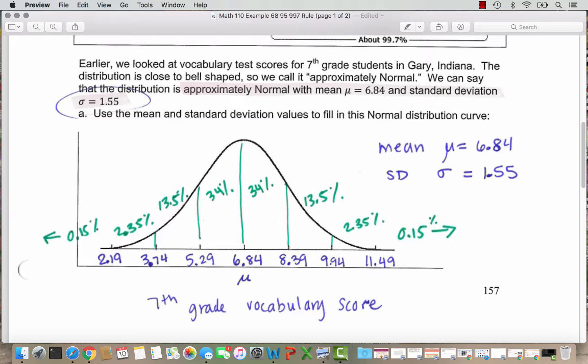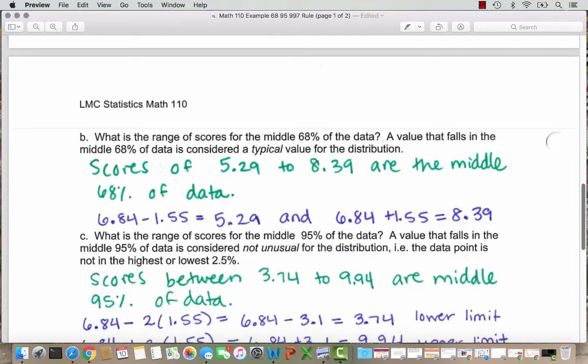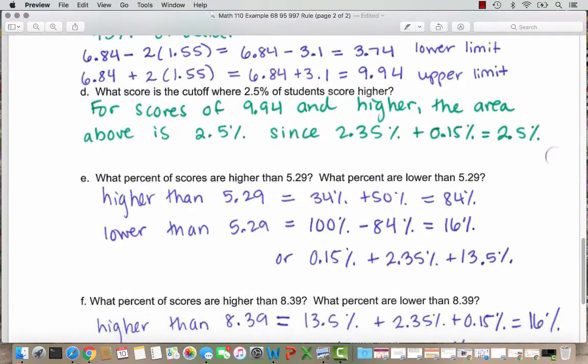So the area from 6.84 to the right is 50% of the graph. So I'm just going to add 34% plus 50%. And that is 84%. To find scores lower than 5.29, again, I'm going to be a little lazy and say, well, I know the whole area is 100%, so I can just subtract 84% from 100%, and that gives 16%.